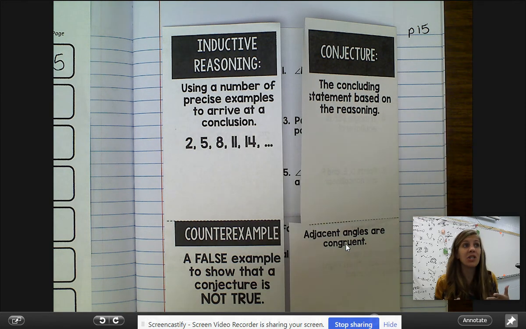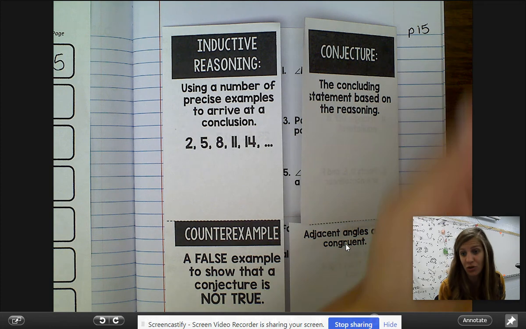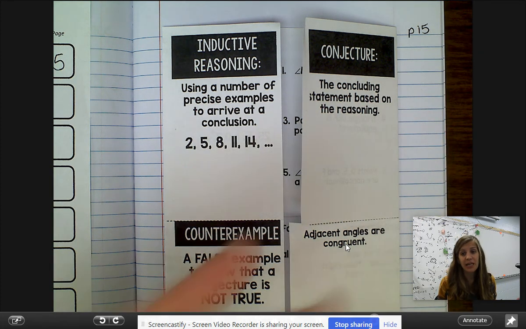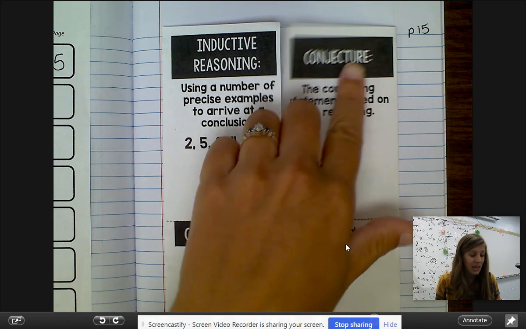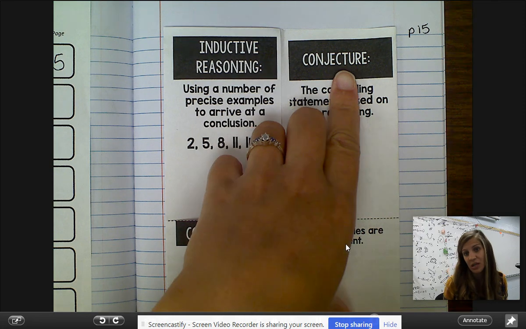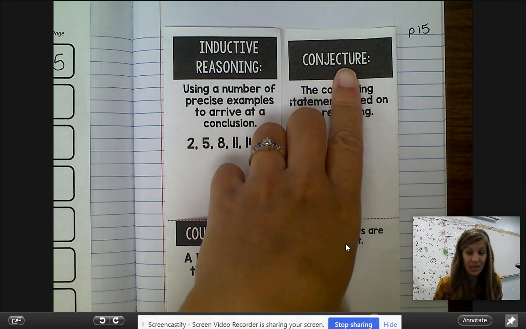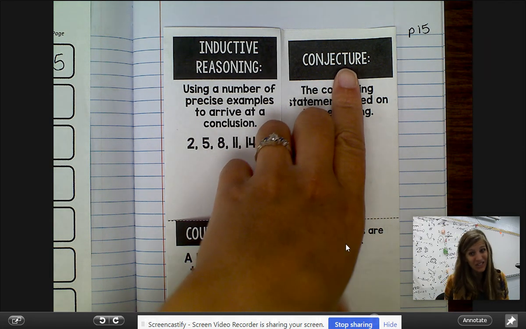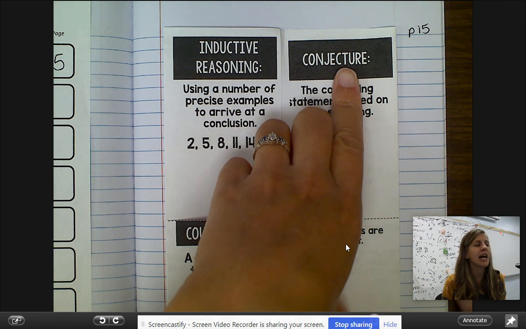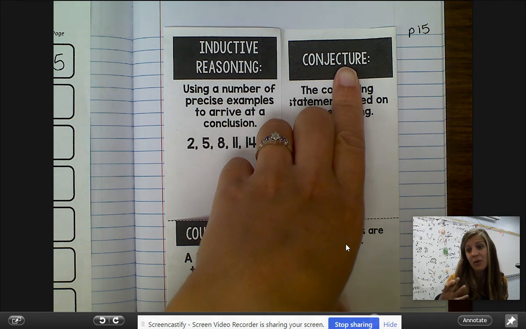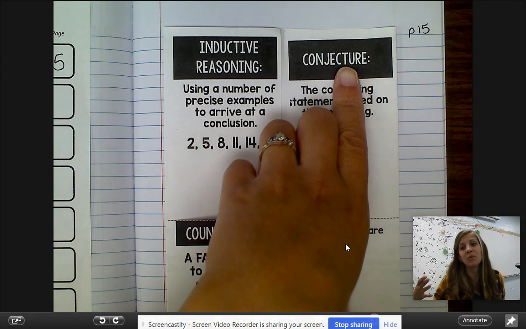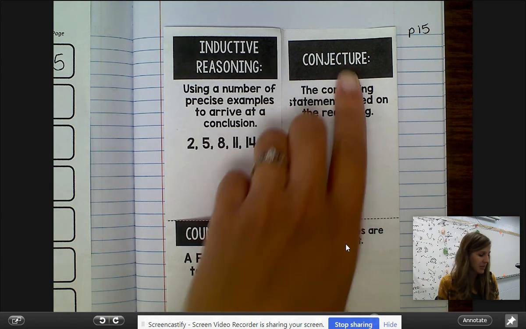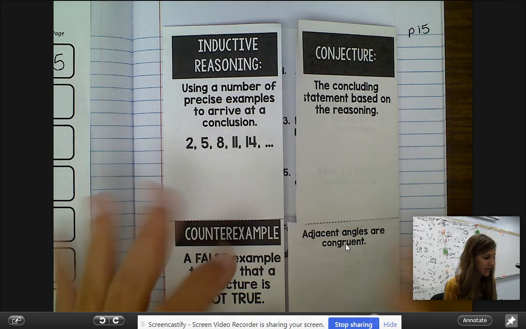It's not going to prove that your guess is true, but it's a good place to start, where you can look at these patterns happening and make a guess, or make a conjecture, about what you think is true always. And then you have to prove that it's true, which we're going to get into much later. But then we can use that true fact to make new true facts, and that's when we use deductive reasoning. And again, we'll get to deductive reasoning later as well.